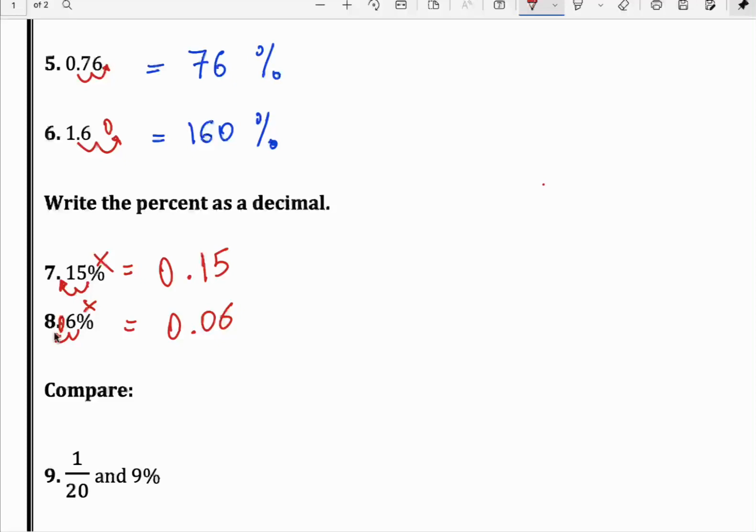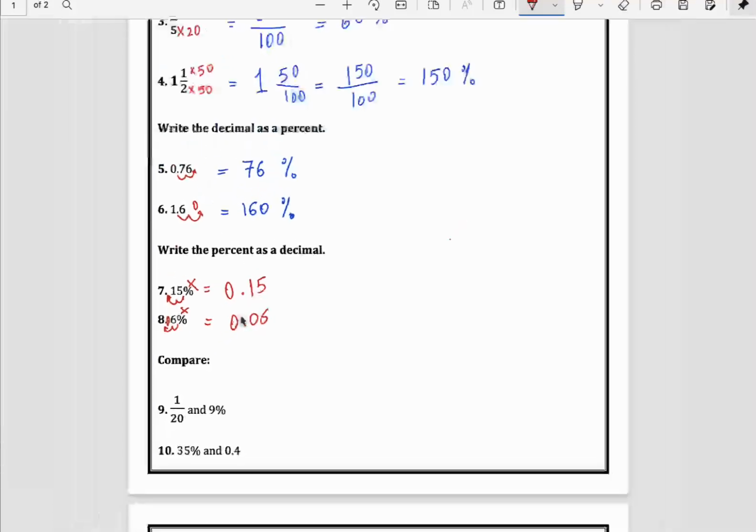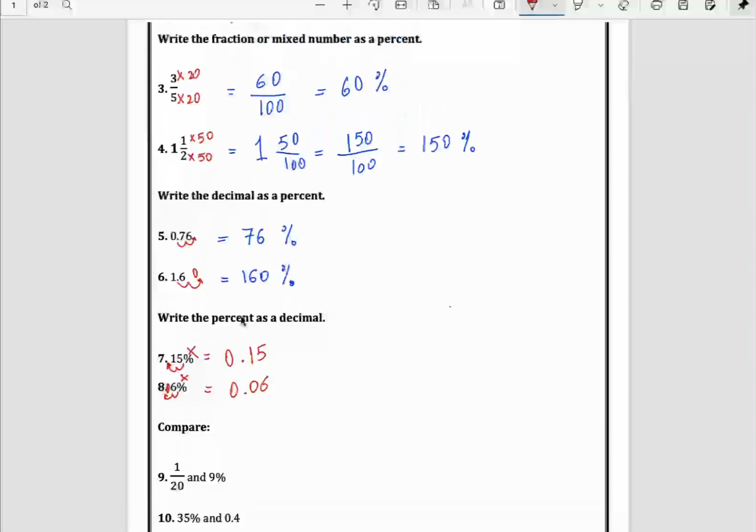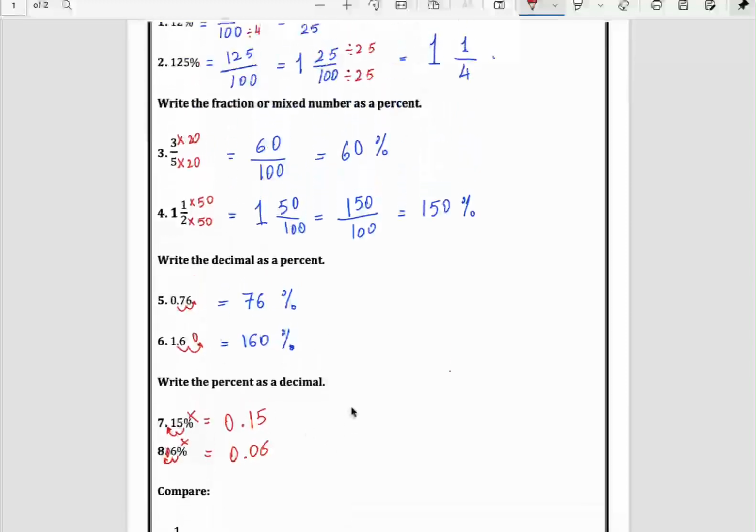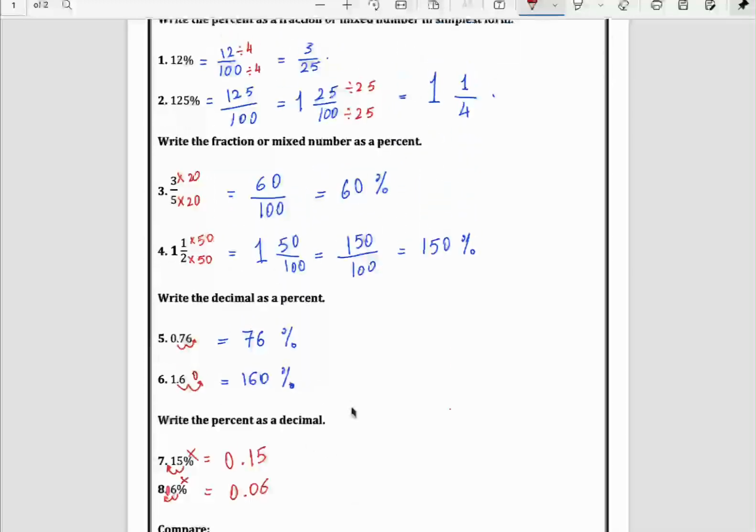Okay, Wafi, what's your problem again? If it's divide, we move the decimal point left. If we divide by 100, we move it to the left 2 digits.